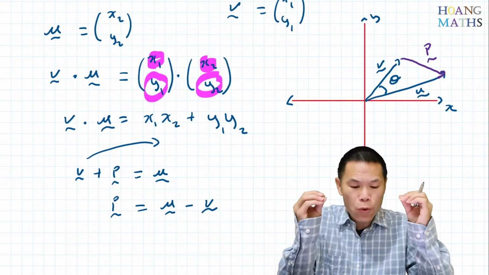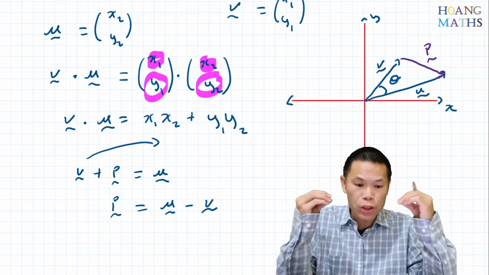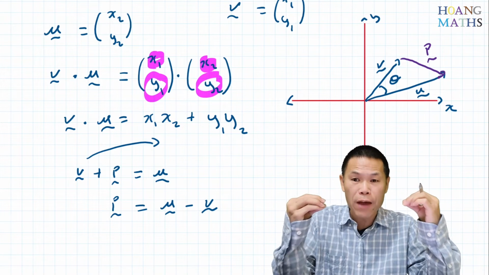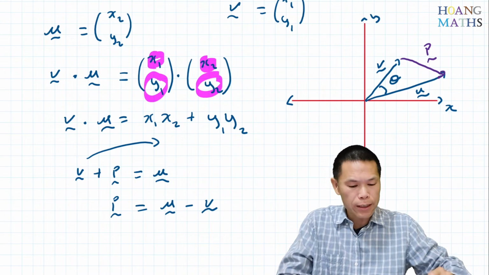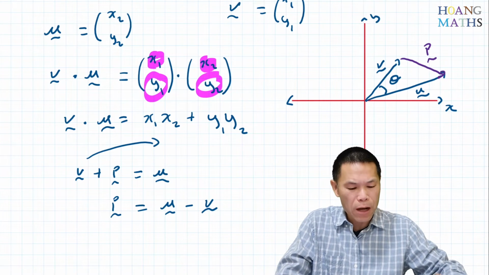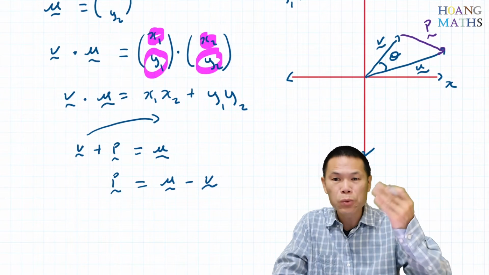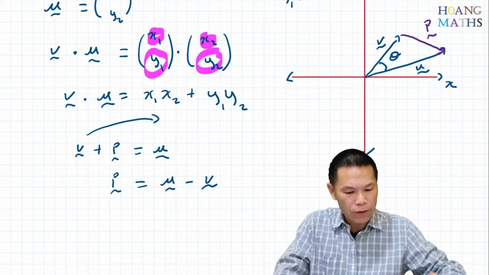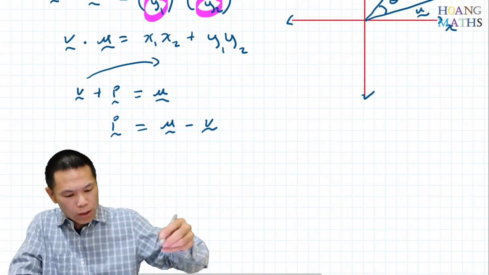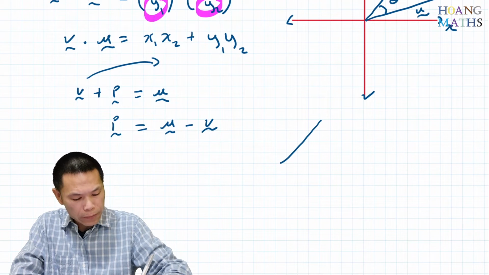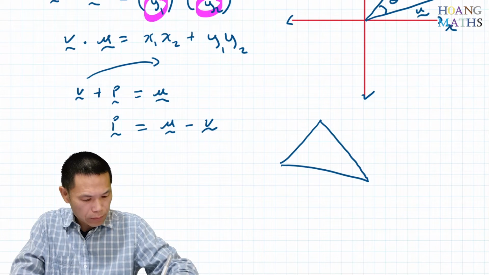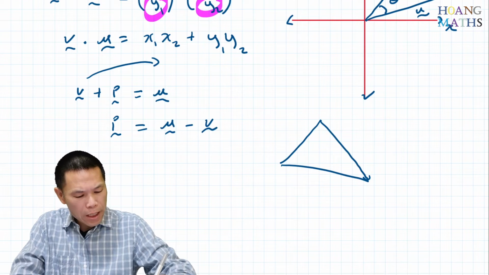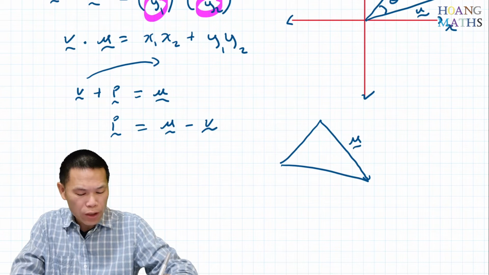Now let's just focus on the magnitude, the size, the side length of the vectors rather than the vectors themselves. So let me redraw the diagram as just a triangle, because we only focus on the lengths of the vectors. We have a triangle here. This side is p, which is the magnitude of vector u minus vector v.